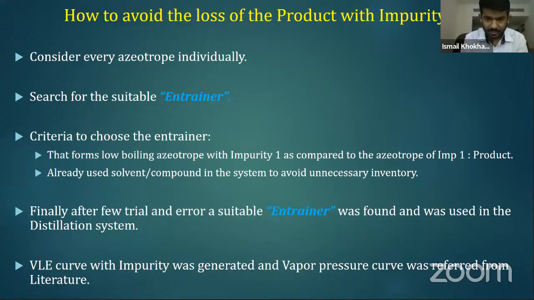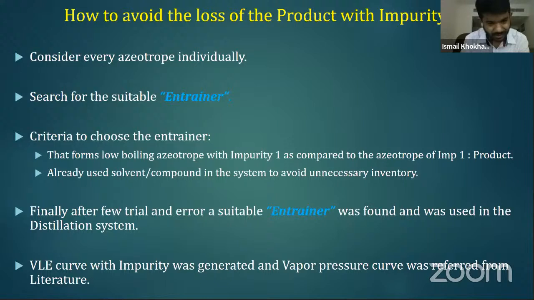But if these commonly used compounds are not serving the purpose, then obviously you will have to search for a third component, an unknown, new entrainer, to avoid the losses. In that situation, yes, you can try a completely new compound, but whenever you have a system where solvents are being used, try to use the same solvent as an entrainer, just to avoid unnecessary inventories.